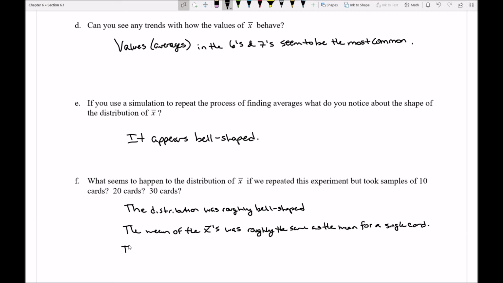And we could also say that the standard deviation of the X bars kept getting smaller as the sample size got larger.